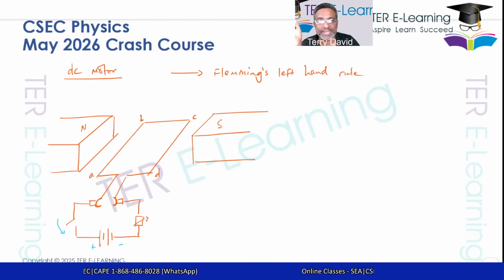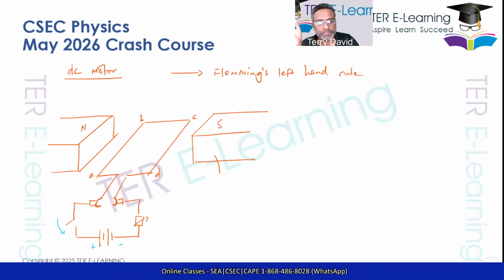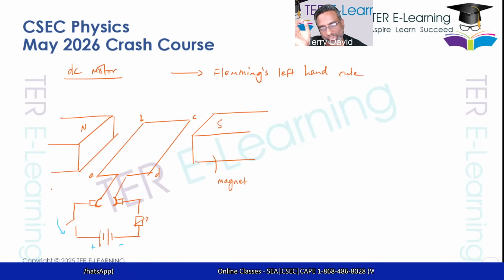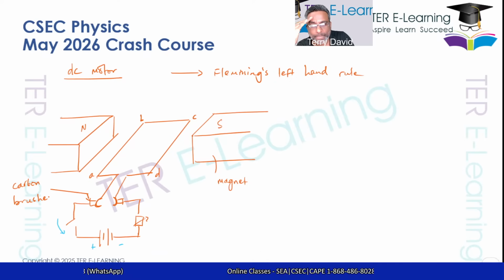So first of all, CSEC can ask you to label this. So we can say magnet. So this is our magnet here, right? We need to label. I don't want to clutter the diagram too much. I like to draw something that's looking kind of neat. So this is the carbon brushes, right?